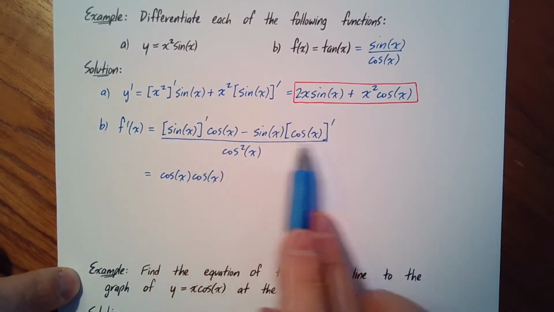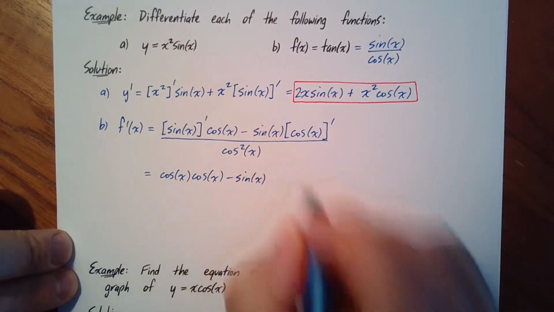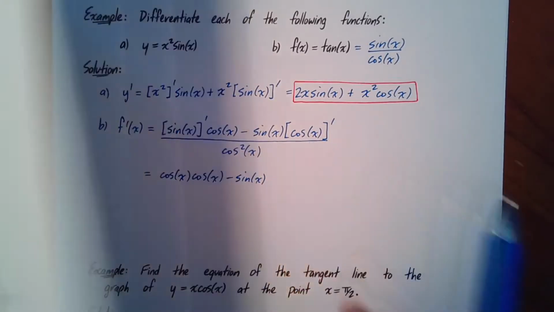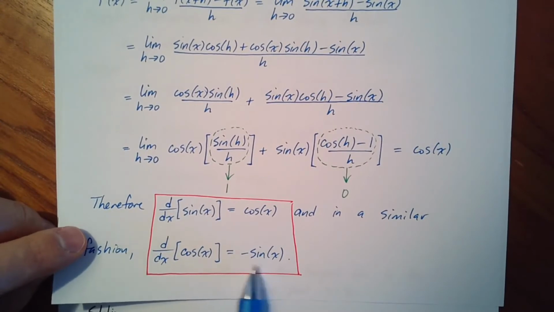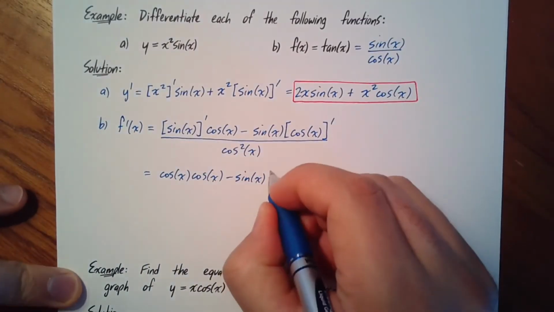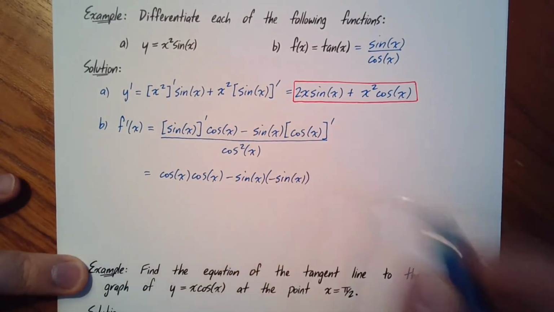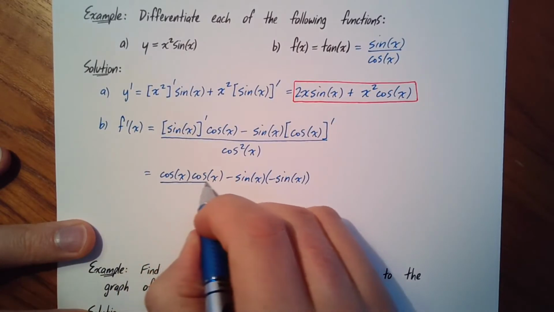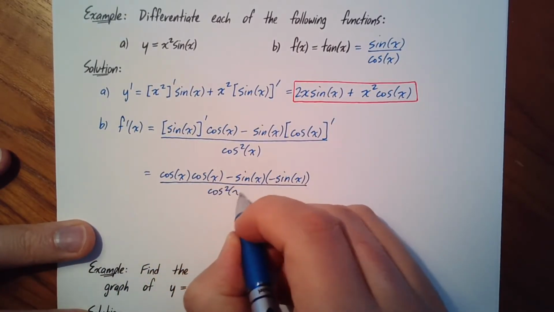Now the second term, we've got minus sine of x, and then the derivative of cosine of x, remember, is negative sine of x. So we're going to use this second rule now to differentiate cosine of x. So we're going to multiply negative sine by negative sine. And all of this is still divided by cos squared of x, because we never touched that yet.